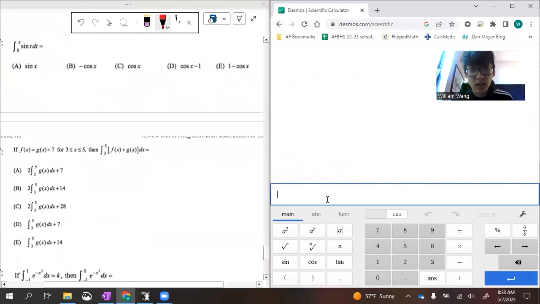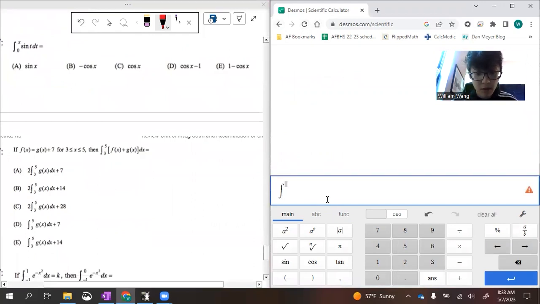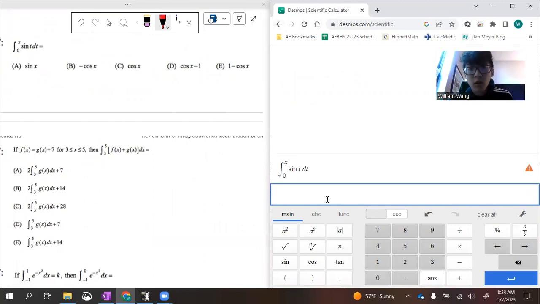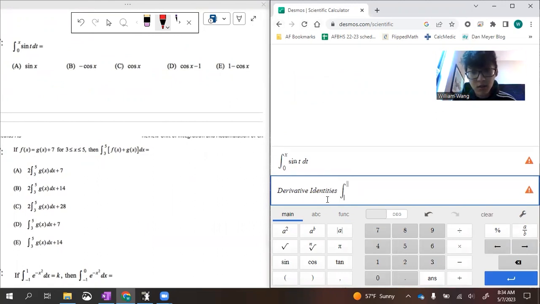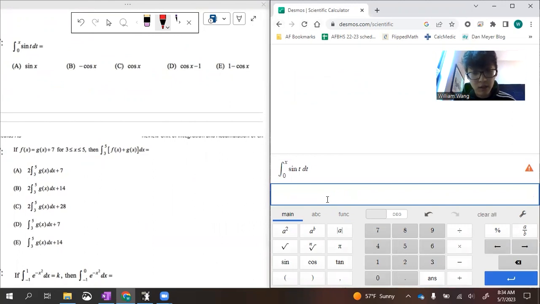All right, next one, integral from 0 to x of sine of t dt. Here I'm just integrating sine. Remember the thought process we think of? This is a derivative identities integral, and the process is: sine of t is the derivative of what?